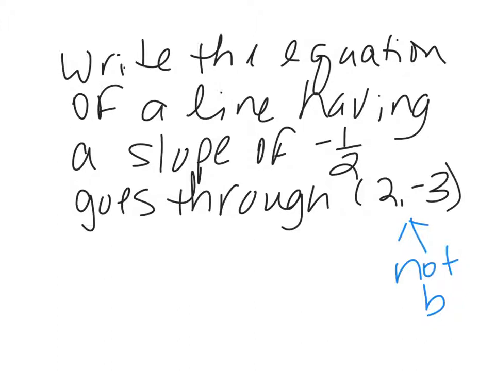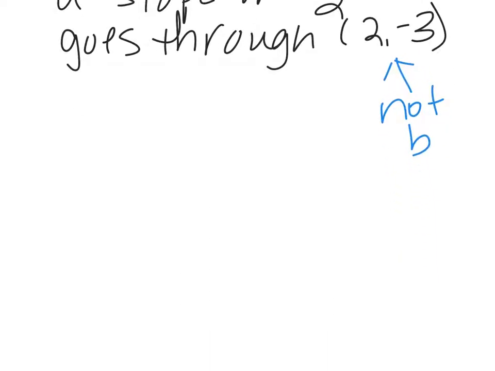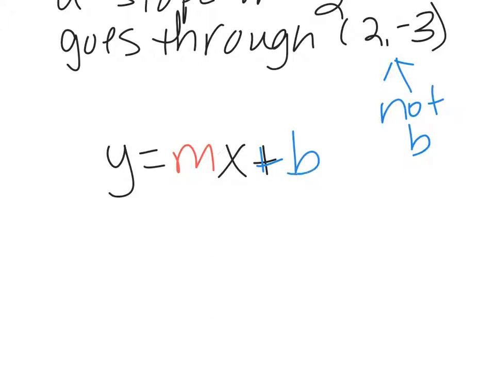Okay, so let me move up here a little bit. We know that our formula is y equals mx plus b, where this is our slope and this is our y-intercept. So let's see what we know from our problem. We know the slope is -1/2.